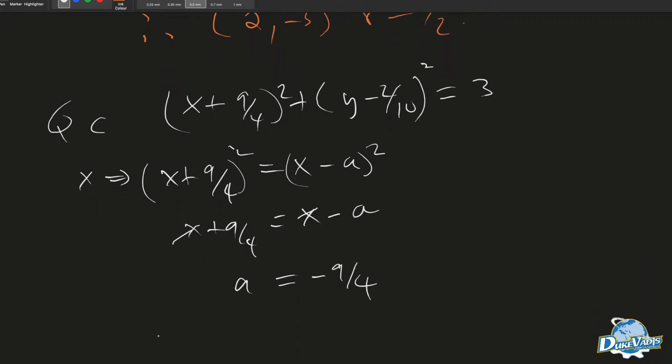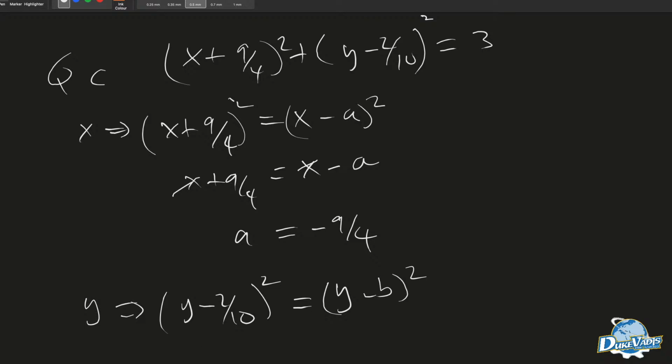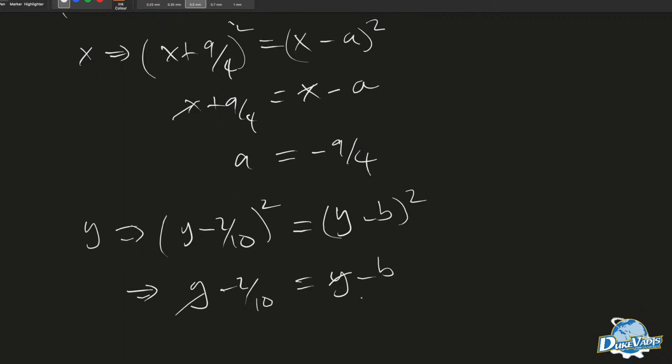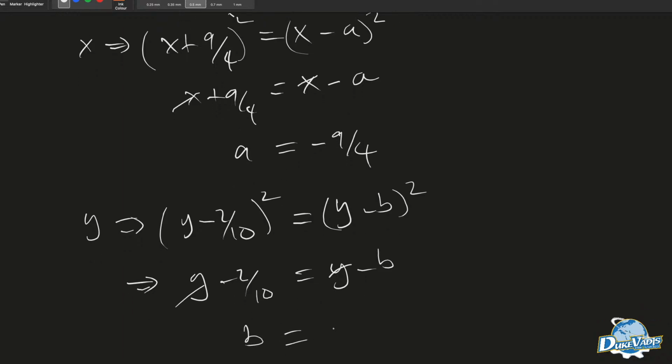Now for the y: y minus 2/10, all squared, equals y minus b, all squared. Then y minus 2/10 equals y minus b. This will cancel, and b is equal to 2/10, which is equivalent to 1/5.